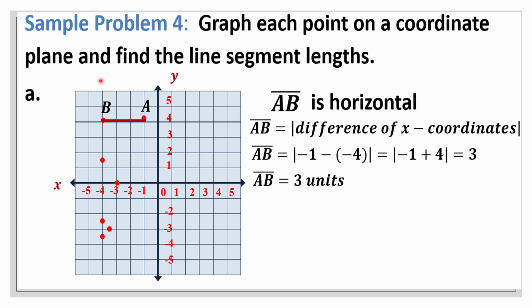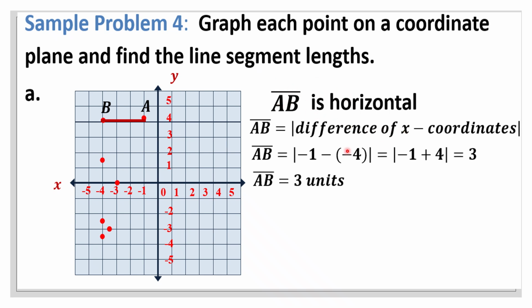Now, graph the points on the coordinate plane and find the line segment lengths. Okay, so for AB, we have negative 1, that is here, and then we have negative 4. So this is the line segment.